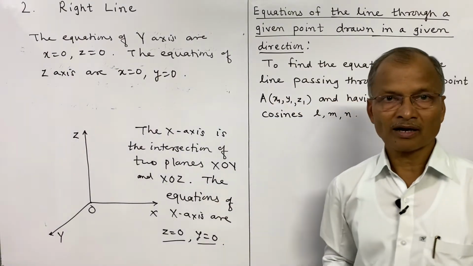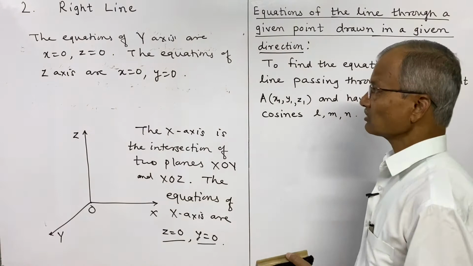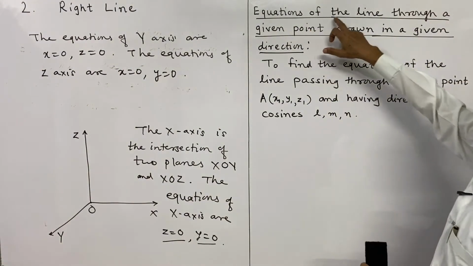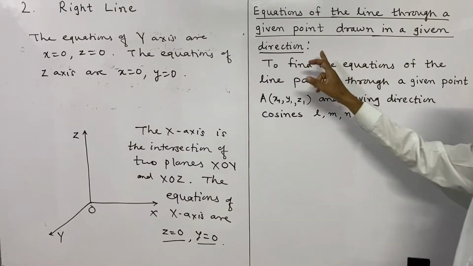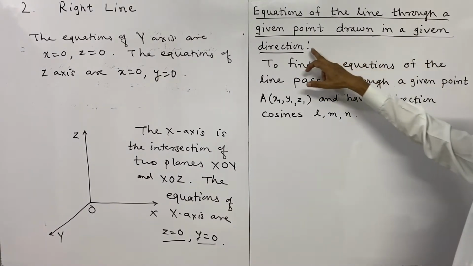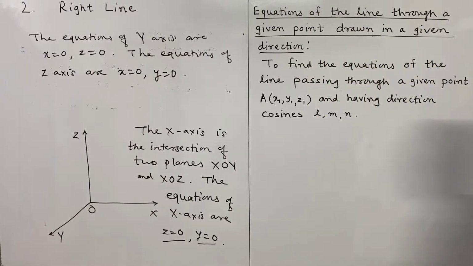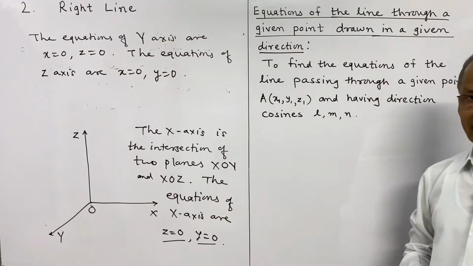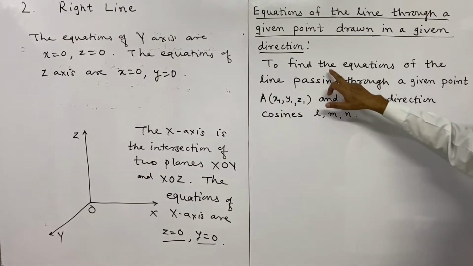Now we will see another form of equations of a line in three-dimensional space, that is the equations of the line passing through a given point and having a given direction, where the direction is given in terms of direction cosines, the angles made by the line with the positive x, y, z axes.